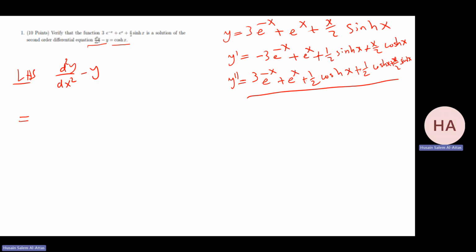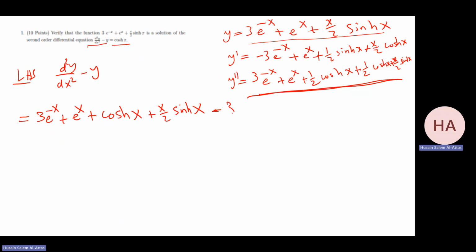Y double prime, let me rewrite it: 3e to the minus x plus e to the power x, half plus half, that will make it cosine hyperbolic x, plus x over 2 sine hyperbolic x. This is only y double prime, minus y. That will be minus all of this.